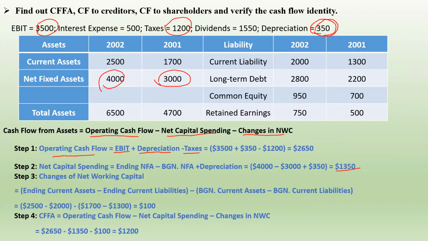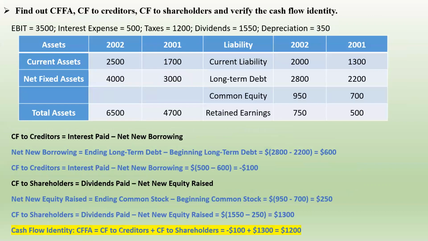So it's 1,350. Changes in net working capital is here. Net working capital again equals current assets minus current liability. The change in net working capital is 100. Then we found that the cash flow from assets is 1,200.